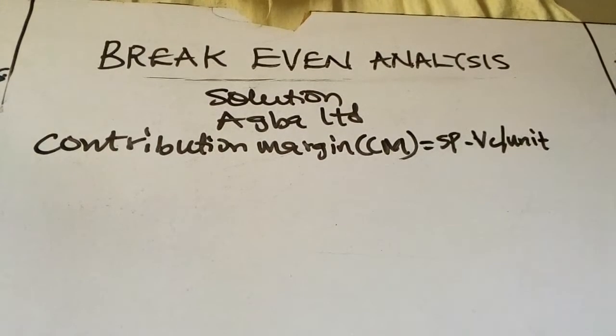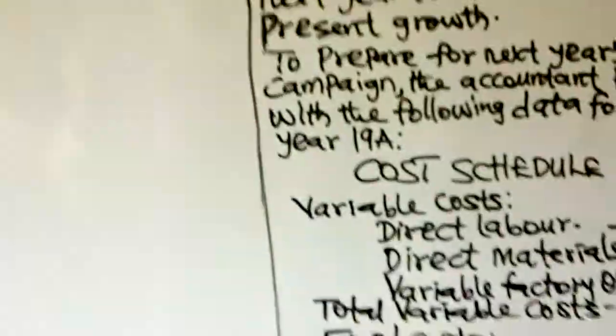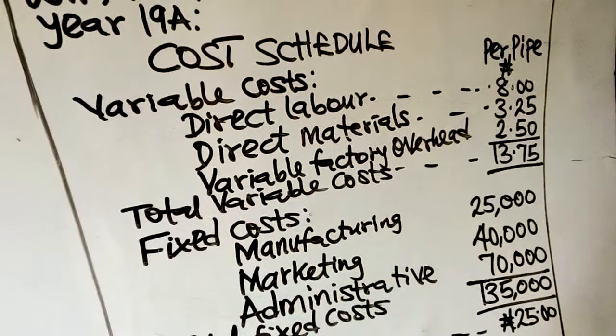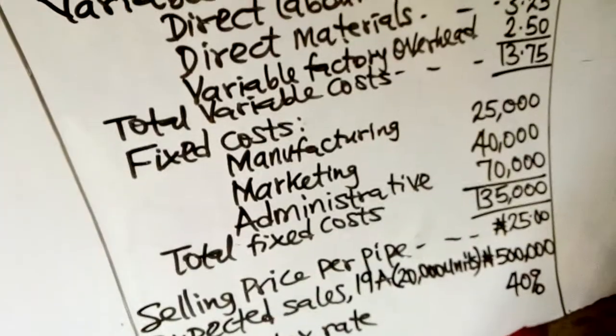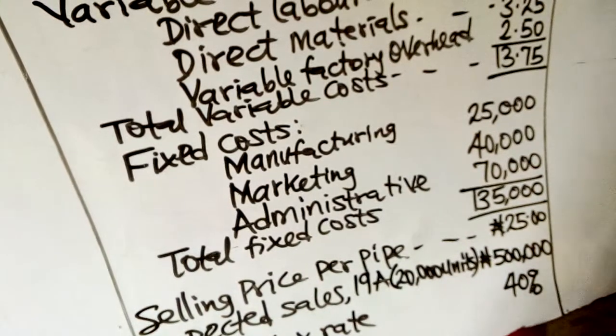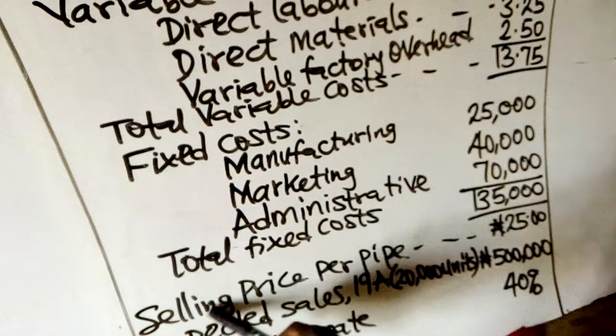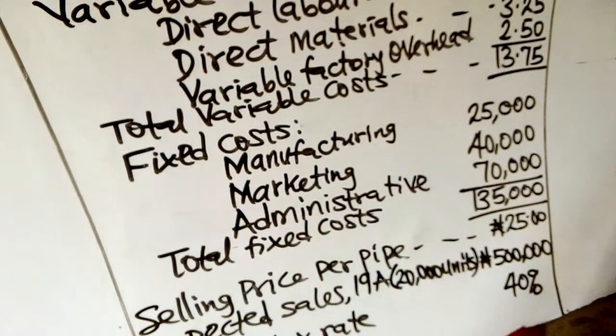Now, the selling price is given to be 25 naira per pipe. You were told selling price per pipe is 25 naira.